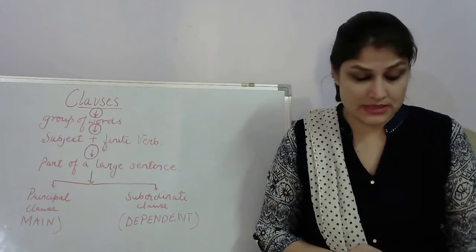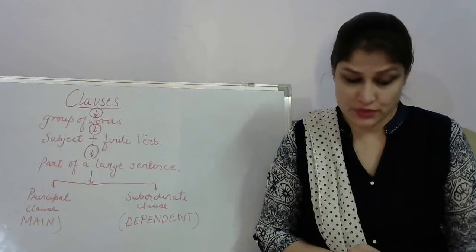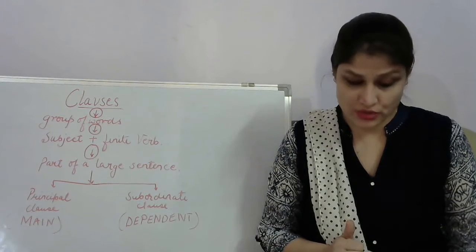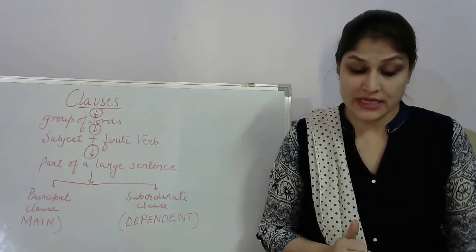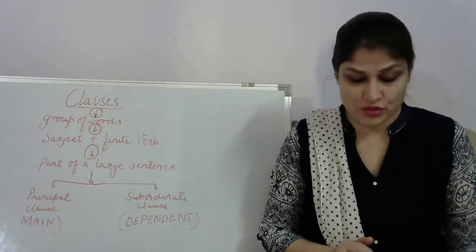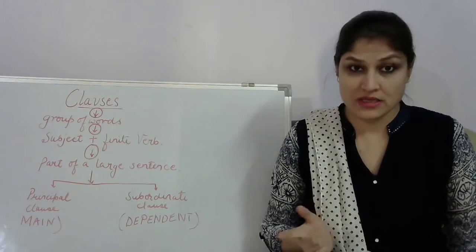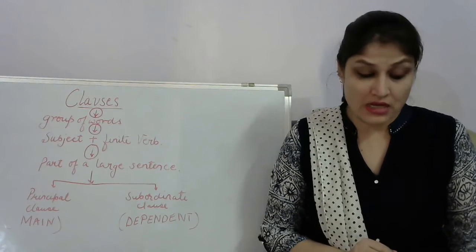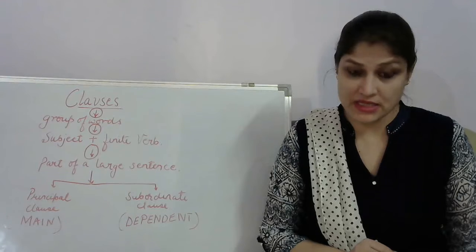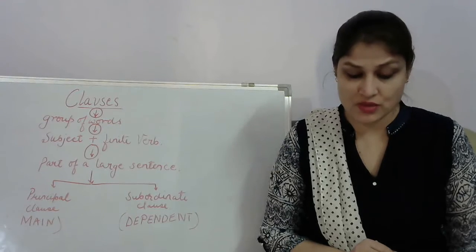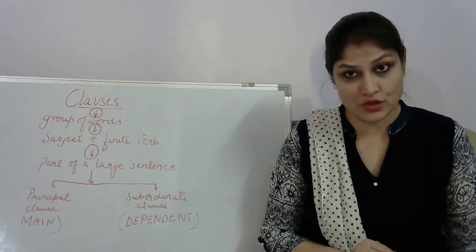Types of clauses. Clauses are of two types: principal or the main clause, or independent clause also we can say, and subordinate or the dependent clause. A clause which is independent in its own meaning is called a principal or main clause.